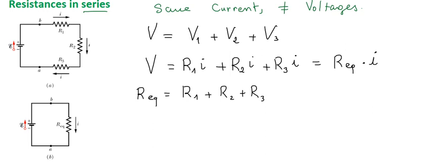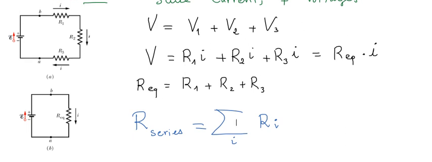In general, the equivalent resistor in series is the sum of all the resistances that are in series. You add all resistances that are in series. So that's for resistance in series.